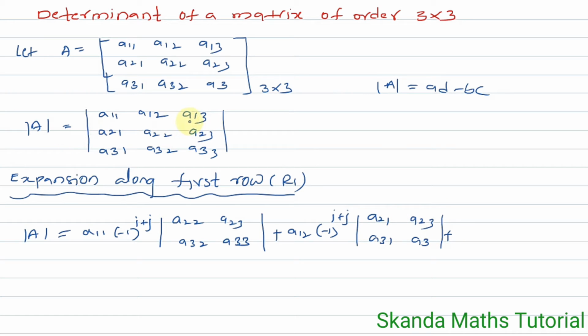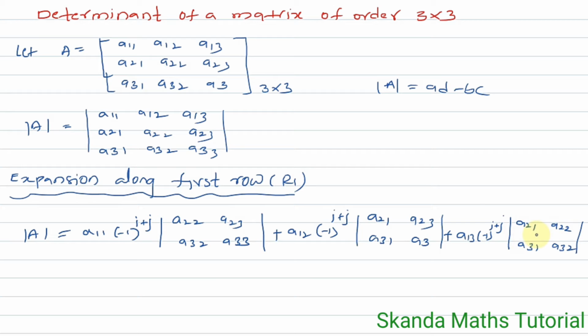Next, along the first row, A13 into minus 1 whole power i plus j. Write the 2 by 2: this column and this row are cancelled, so only these are left: A21, A22, next A31, A32.